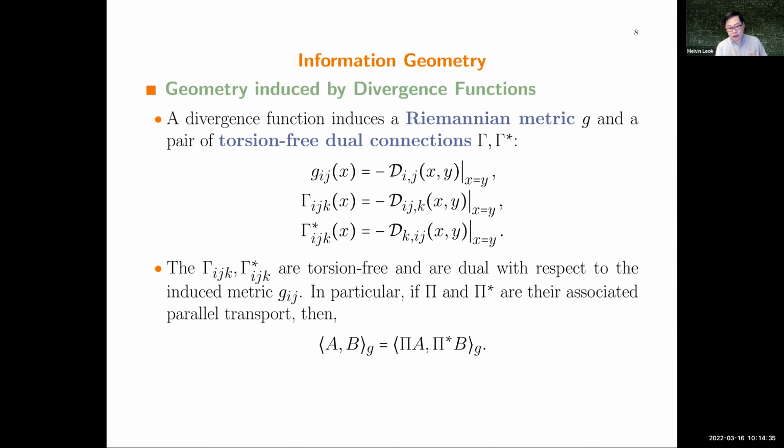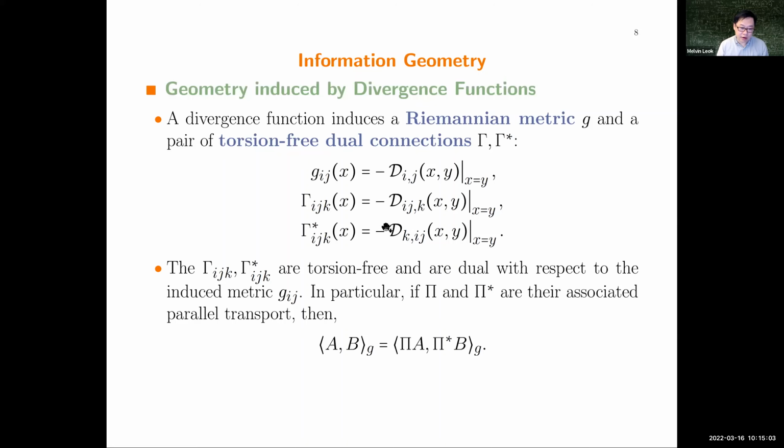If you have a connection, then there's a way to essentially parallel transport a vector along a manifold, along a curve. And what normally happens with the Levi-Civita connection is that if you have a pair of vectors and you parallel transport them along some curve, then the Riemannian inner product of those two vectors along the parallel transport is constant.